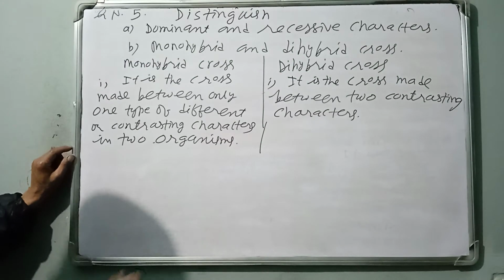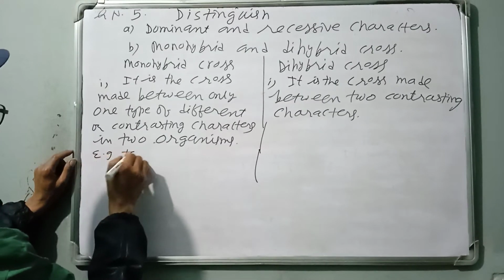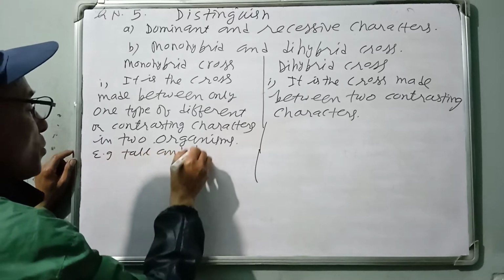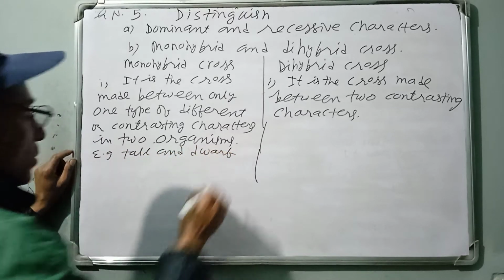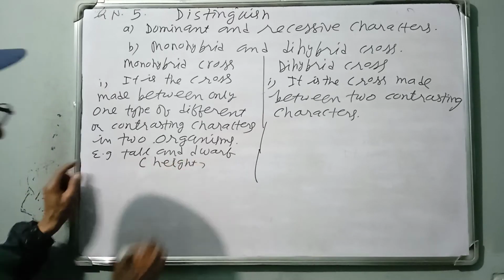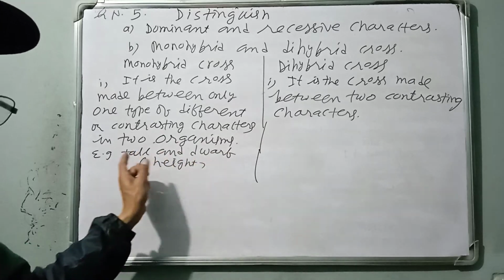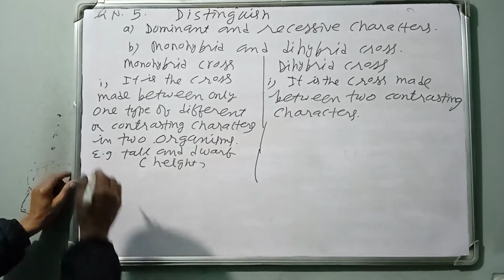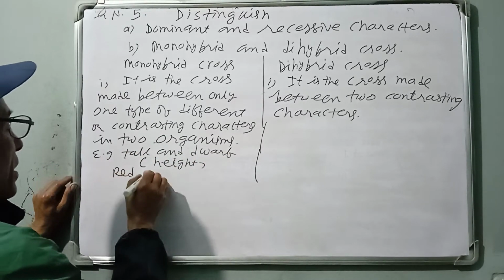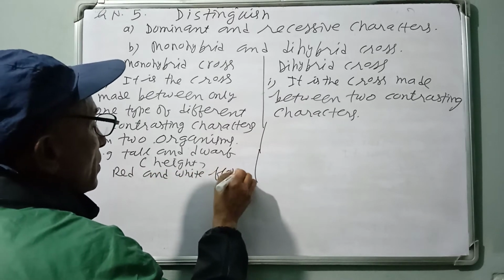Here, what type of contrasting character? For example, tall and dwarf. Tall and dwarf means only height. One is tall, another is dwarf. Both are height. Another, red and white flowers.